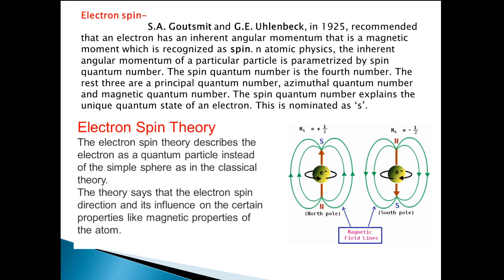The dipole moment or magnetic moment of the electron is also called the orbital magnetic moment. So it is written with subscript mu L.